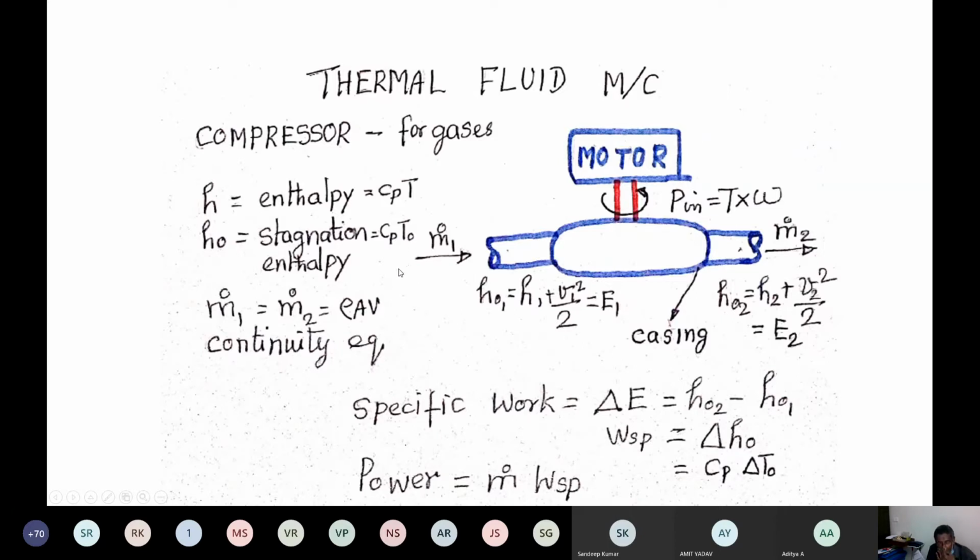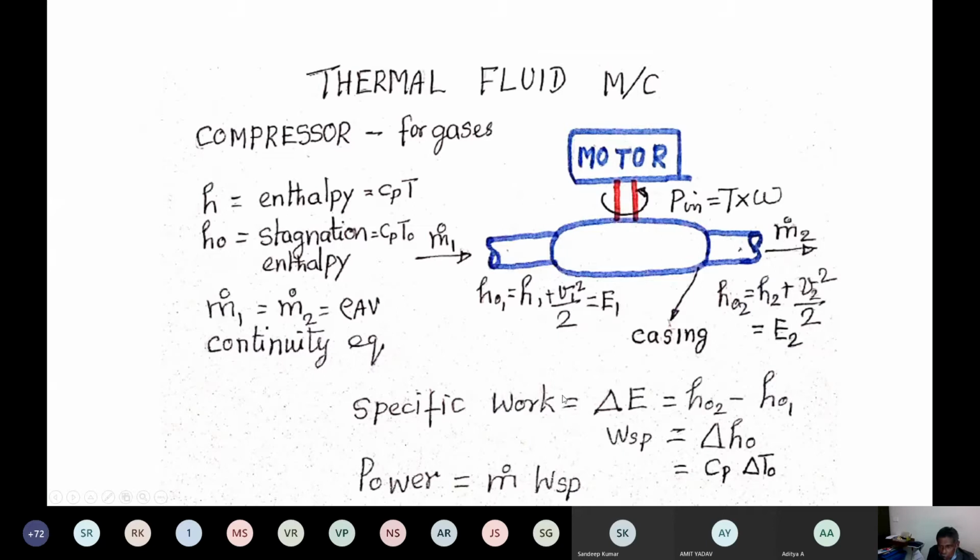Those of you who have taken compressible fluid flow must be very familiar with the stagnation properties. Others might have also studied maybe in thermodynamics or in some place. So h0 is equal to Cp into T0. Then at the exit, the stagnation enthalpy is h02, which is h2 plus V2 square by 2.